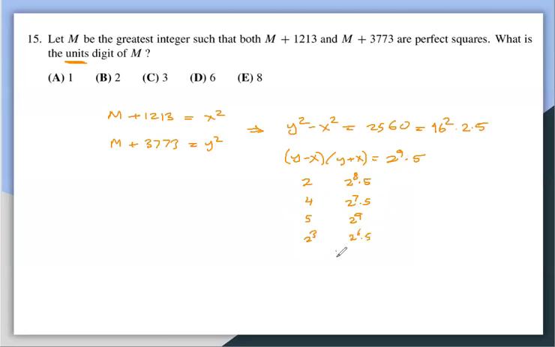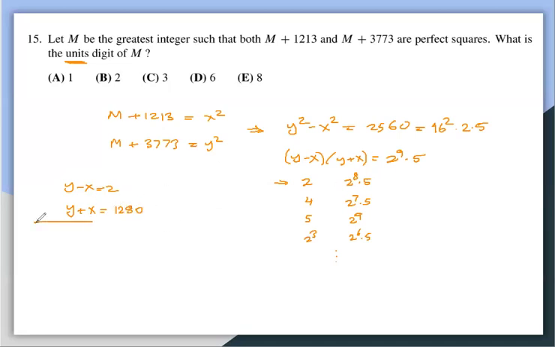You can keep listing these and testing each one of these, but you don't need to do that much work, because we can get the answer easily without all that. For the first pair, y minus x equals 2, and y plus x equals the other factor, 1280.